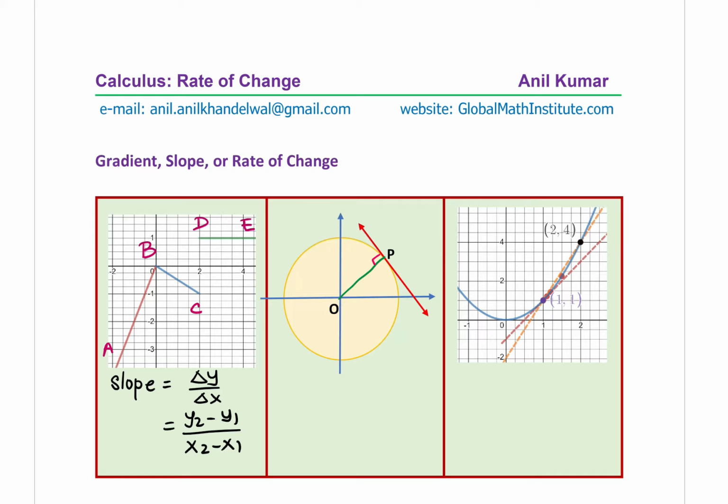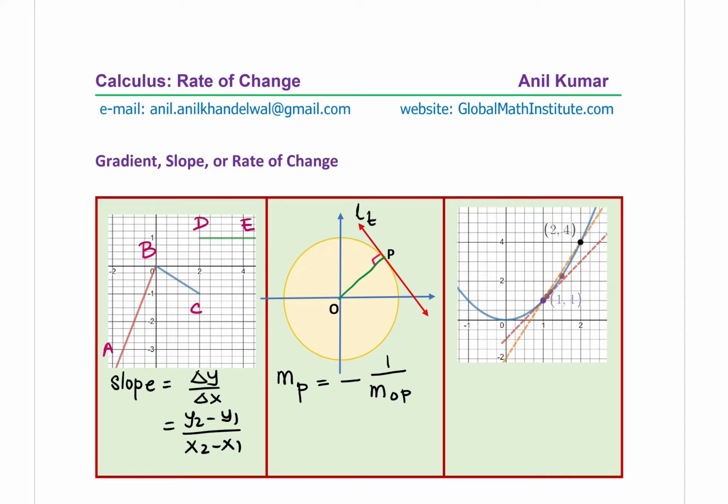If I have to find the slope of the tangent line, this is line T, the tangent line at point P, so basically we are trying to find the slope at point P. This slope will be the negative reciprocal of the slope of line OP, since they are perpendicular, right? Remember, whenever you have perpendicular lines, the product of their slopes is negative one, so one slope is the negative reciprocal of the other.